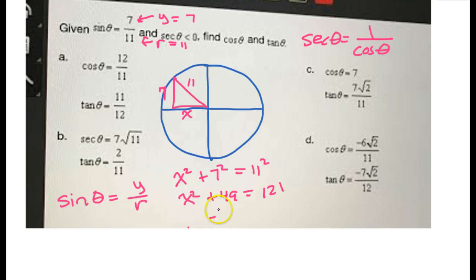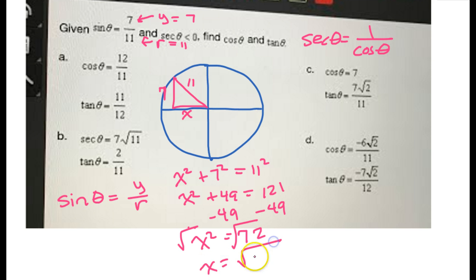Subtracting 49 from both sides, we've got x squared equals 72. Then if I take the square root of both sides, I find that x is equal to the square root of 72. 72 is the same thing as 36 times 2, so that will simplify down to 6 radical 2.